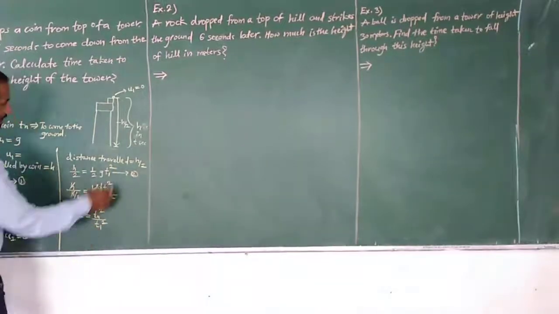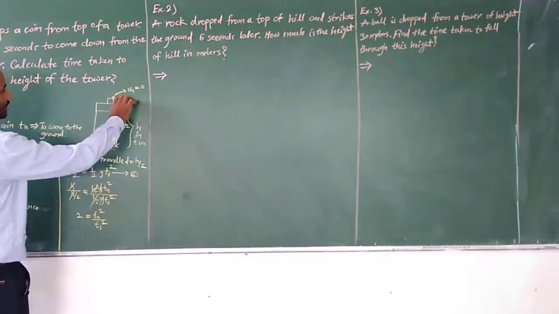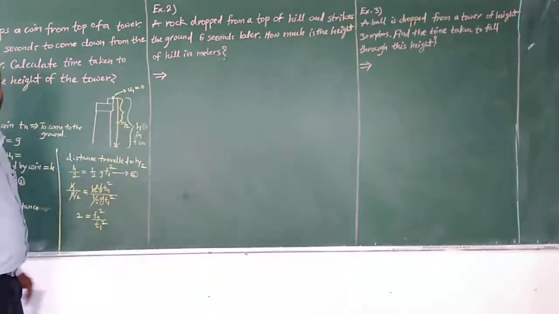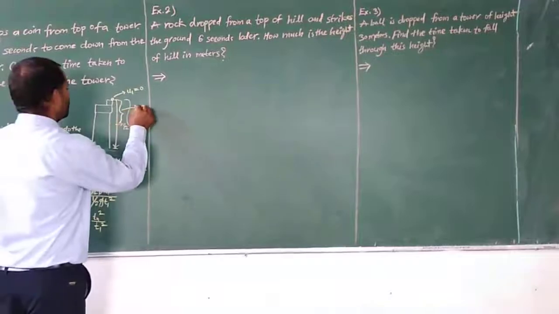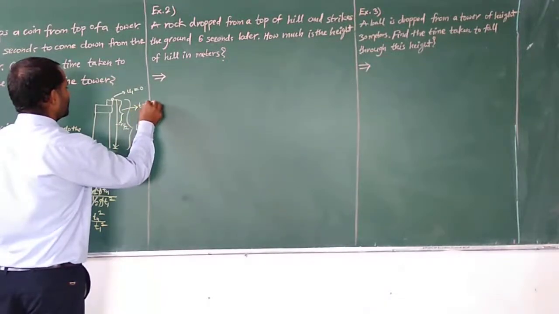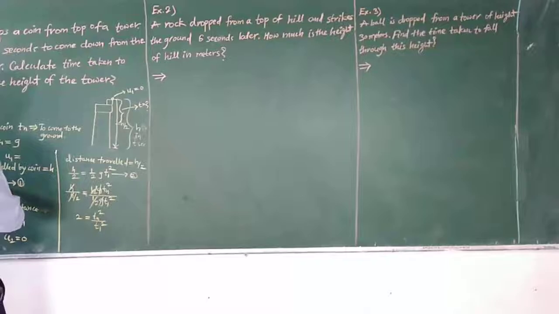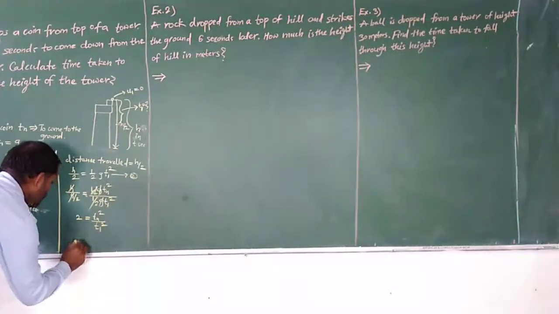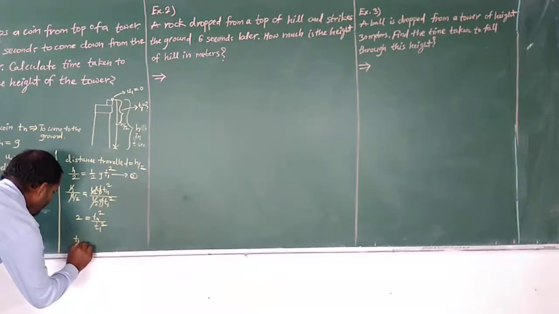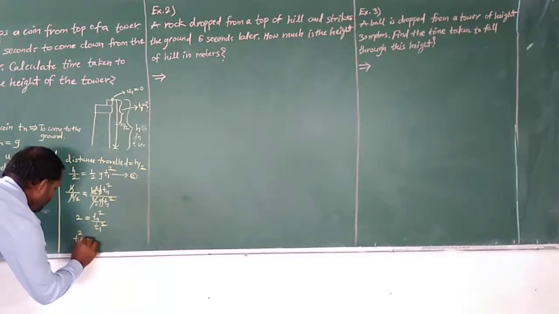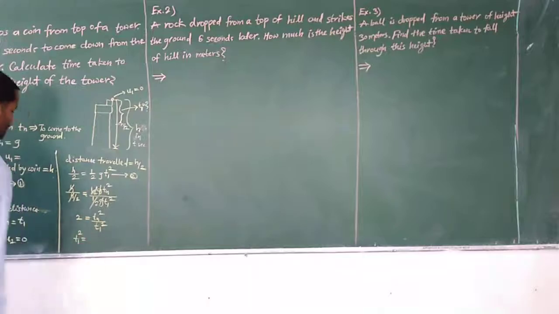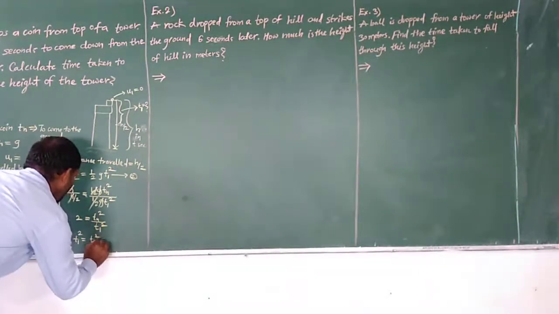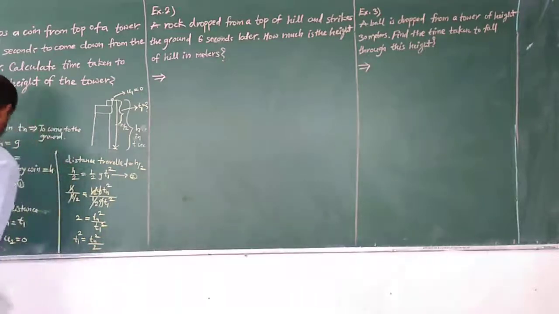What we have to find here? Time required for the coin to come up to here, that means half the distance. So what is T here? I have written T1. So T1 square is equal to Tn square by 2, right?